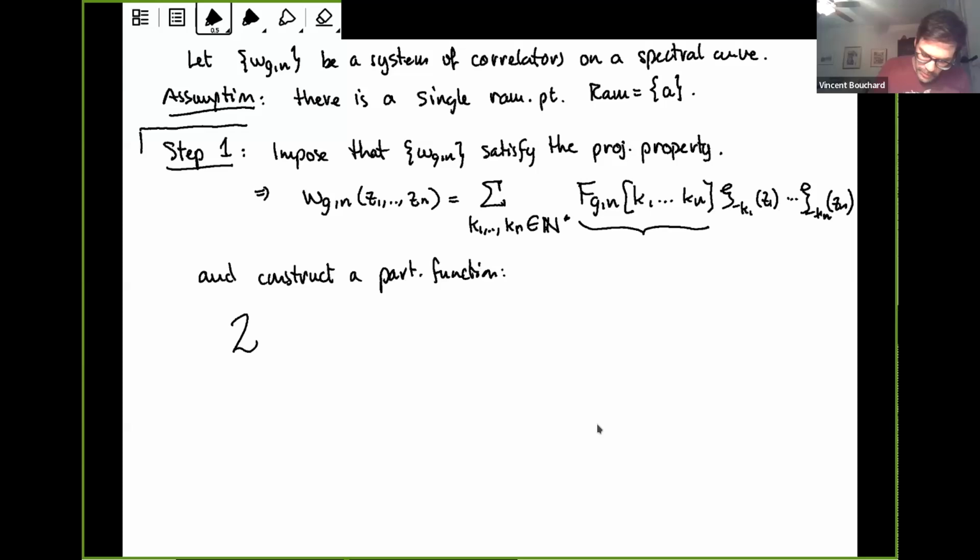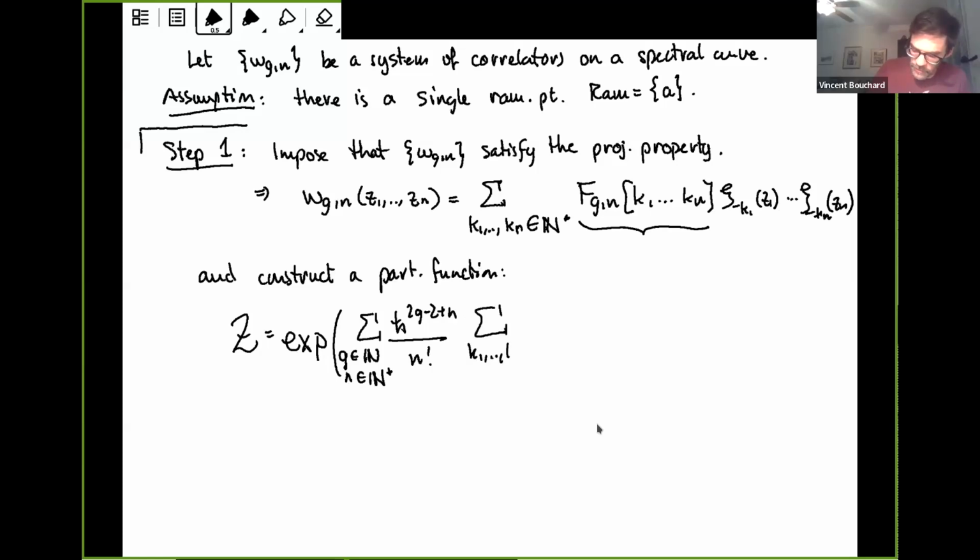Okay, so we construct the partition function as usual, take the exponential of the sum here. So as always, g is in N and n is in N star. And I have my coefficients.